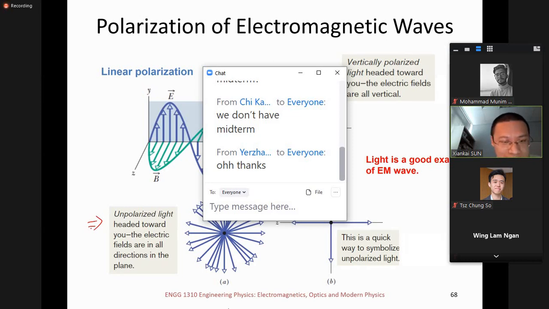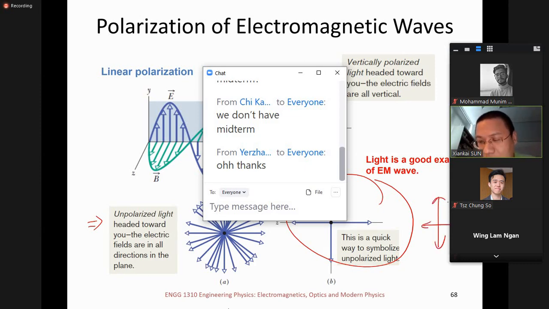Unpolarized light actually has polarization in all directions. To represent that kind of unpolarized light, we use this symbol, a cross with a double-headed arrow.